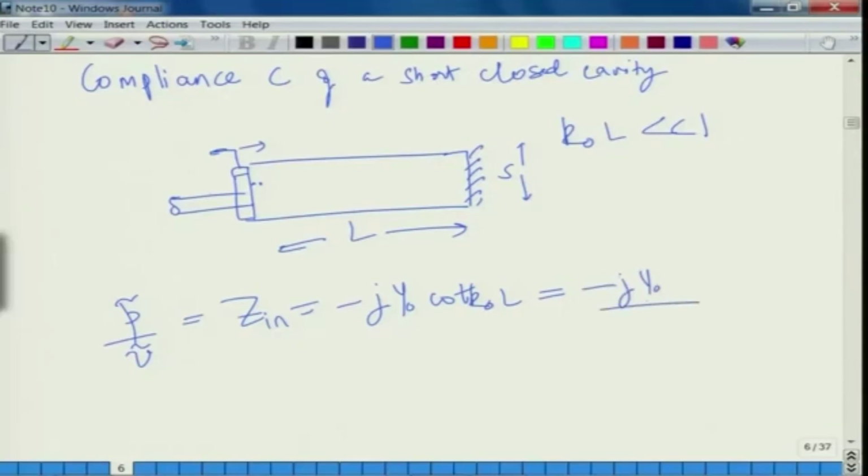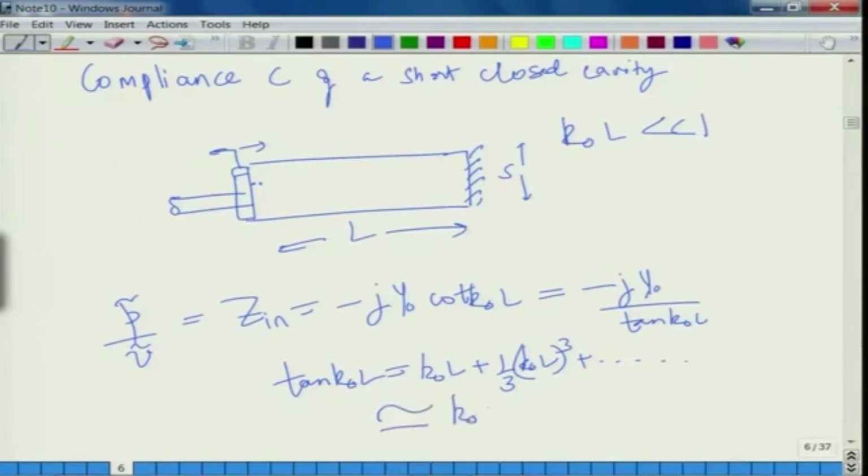So, cot k naught L is 1 by tan k naught L, and we use the polynomial approximation for tan k naught L, at least at low frequency. This can be approximated by the series k naught L plus 1 by 3 k naught L cube and so on. This can further be written as k naught L only when k naught L is much smaller than 1, that is your low frequency approximation.